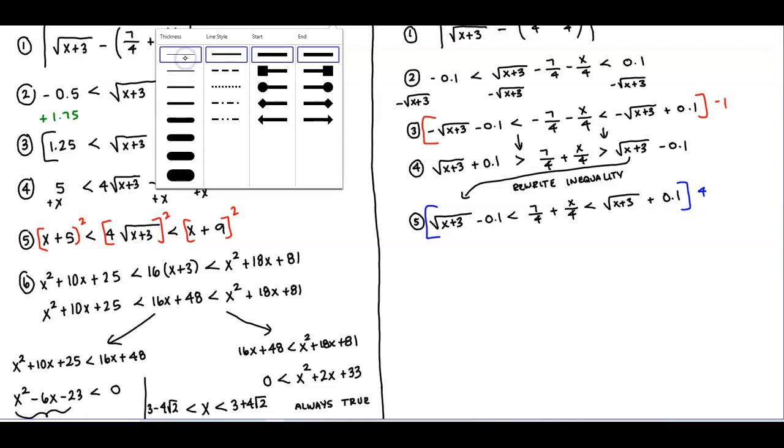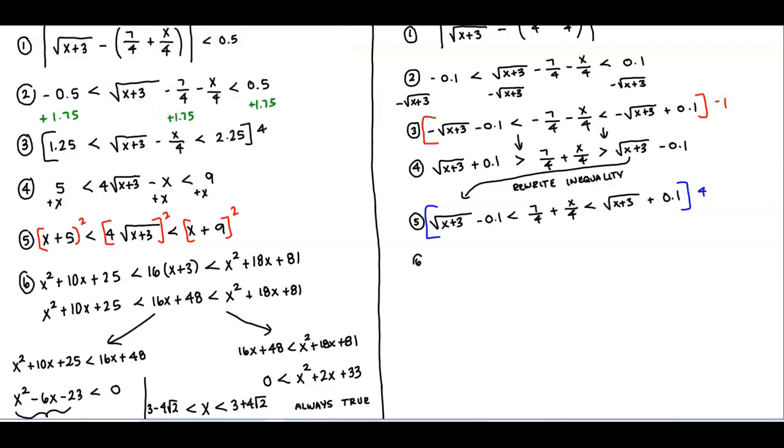And if we multiply everything by 4, we get 4 times the square root of x plus 3 minus 0.4, which is less than 7 plus x, which is less than 4 times the square root of x plus 3, and that's plus 0.4.